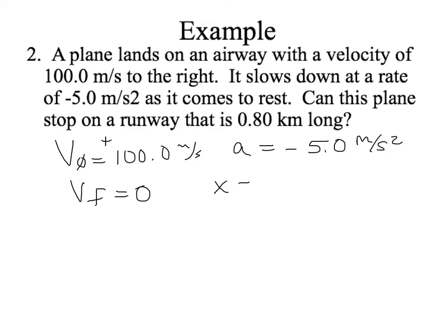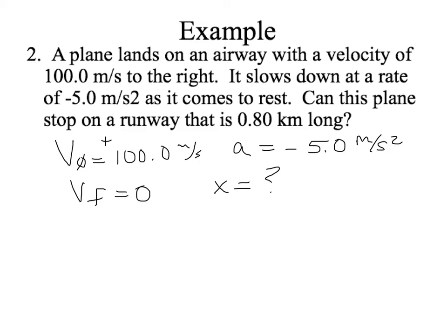So really what we're looking for is x. And then we can compare that with the 800 meters. Okay, so you want to take a look at the 4 different kinematics that you have and decide which kinematic you want to use.